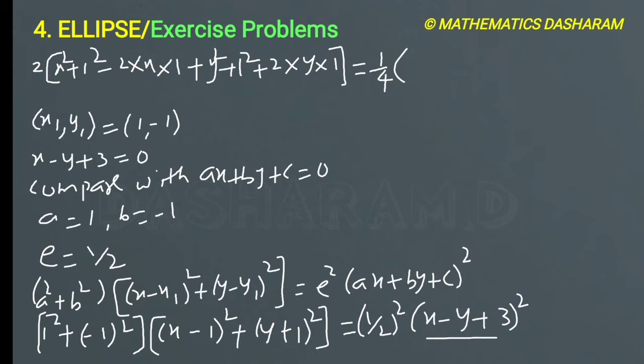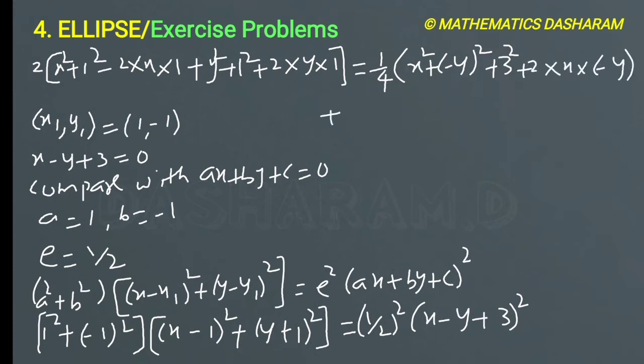Here (a + b + c)² formula: x² + (-y)² + 3² + 2·x·(-y) + 2·(-y)·3 + 2·3·x.